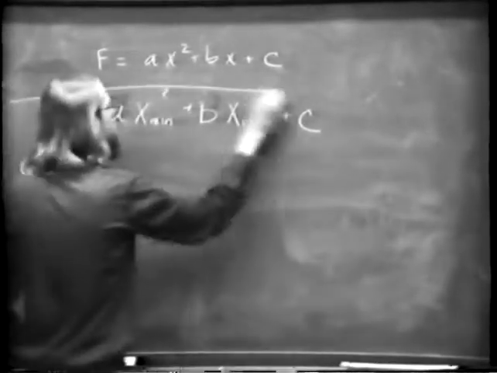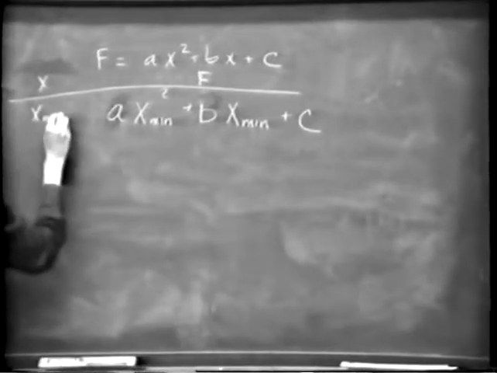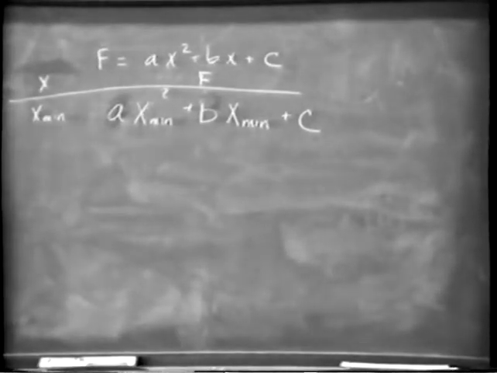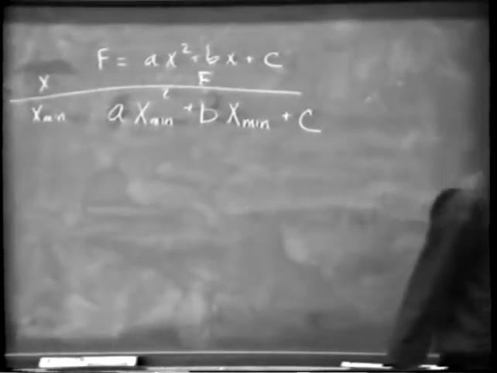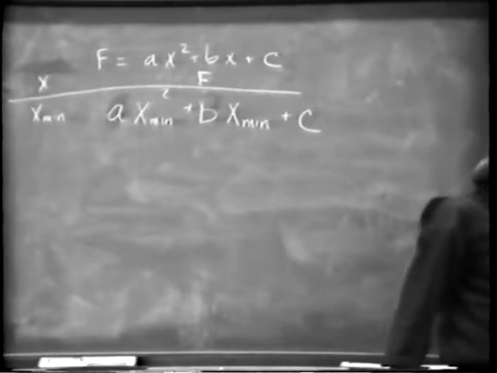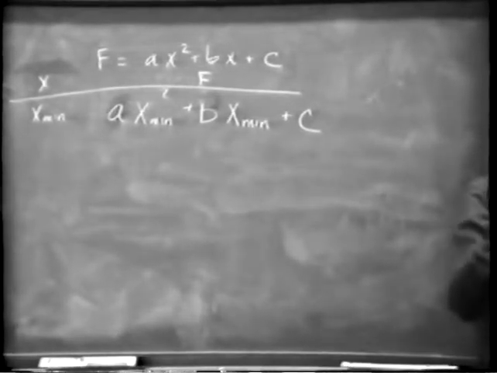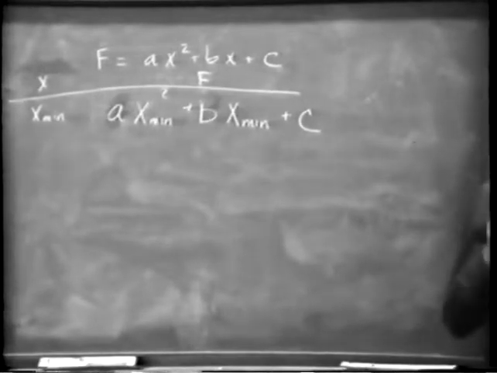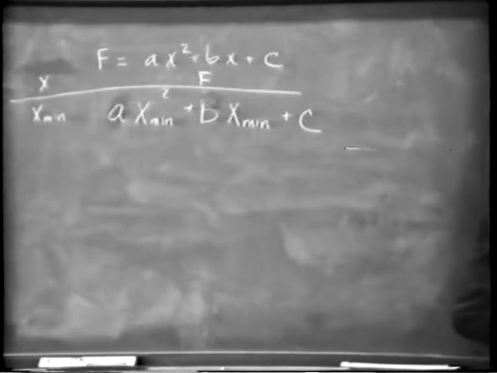I'm going to make a little table here of f and x, right? This will be the first value that we'll plug in here. Strictly speaking, you're probably going to move in to the integer values of x that are within the x min and x max boundaries. Integral values of the coordinates are where the center of the pixels are.